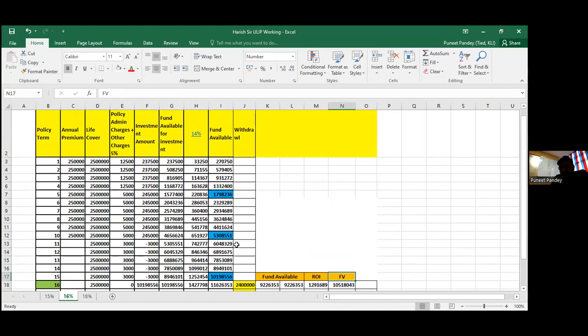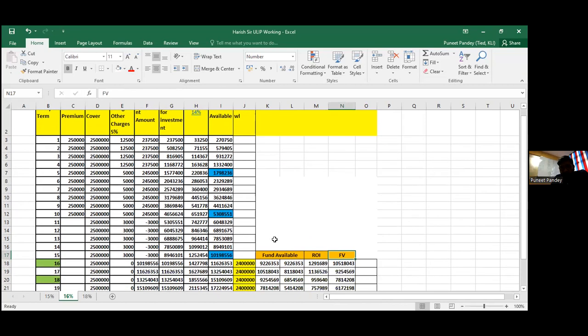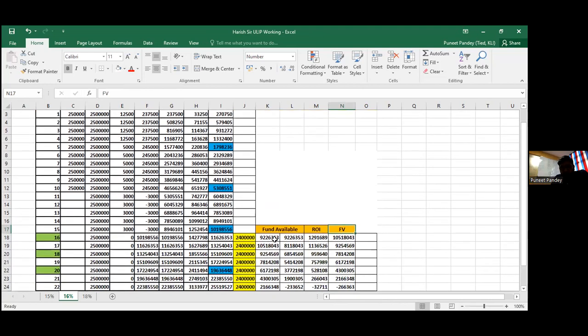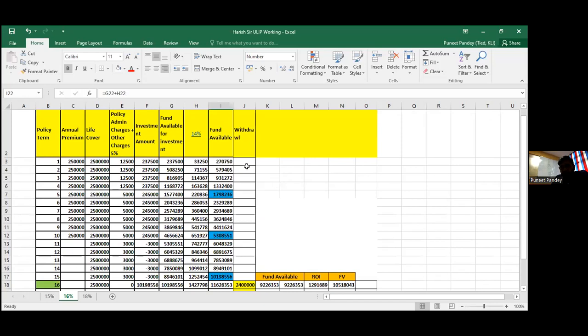In the 10th year, it is 53 lakh rupees. 15th year, it is 1 crore. And the 20th year, it is 1.96 crore. This is at the rate of 14% I am calculating. I have calculated this based on one existing client's returns, which I am showing to you, sir.